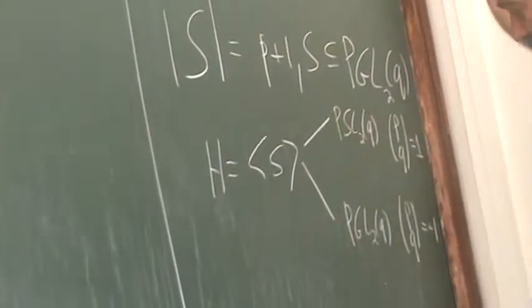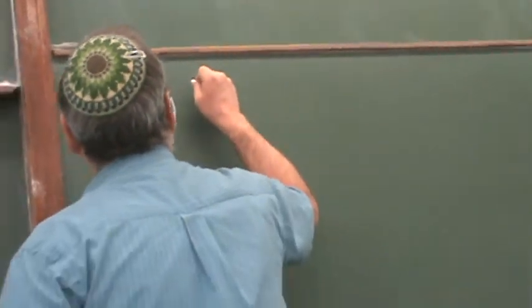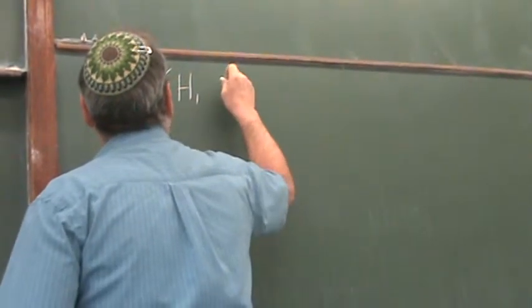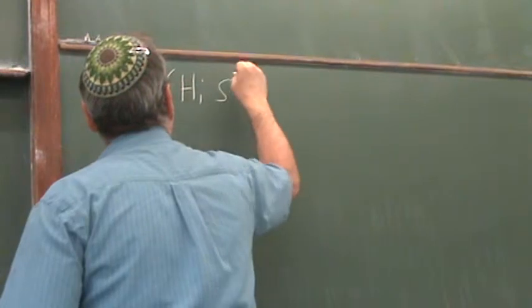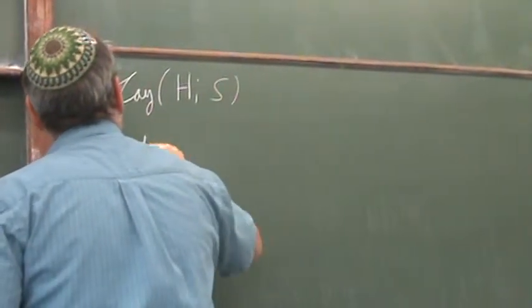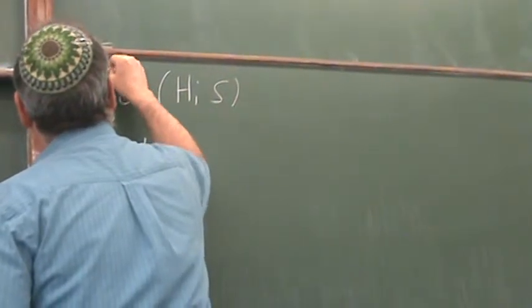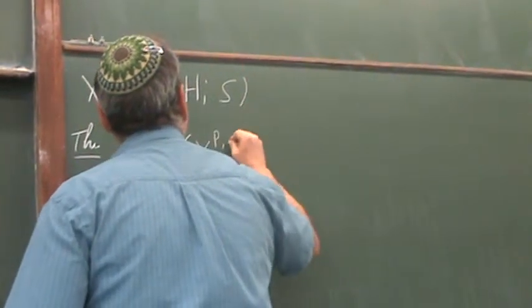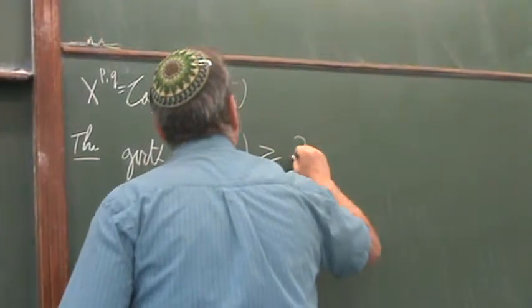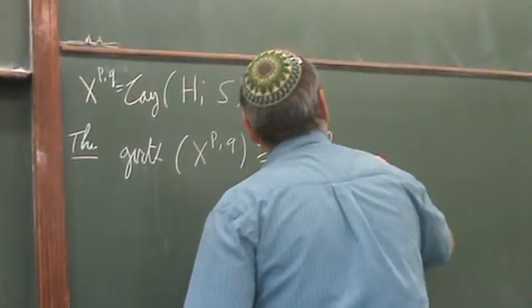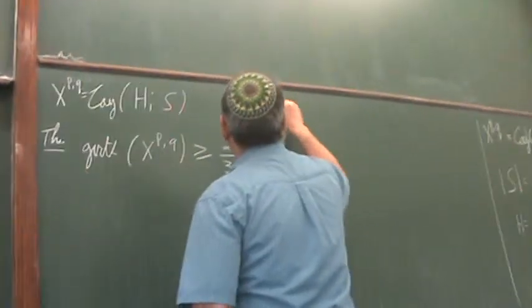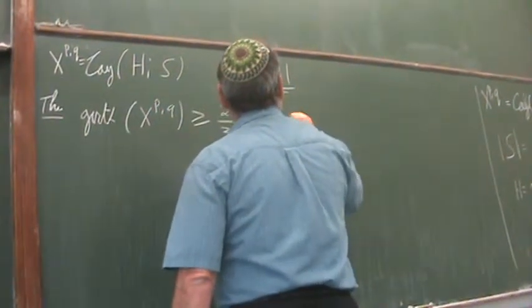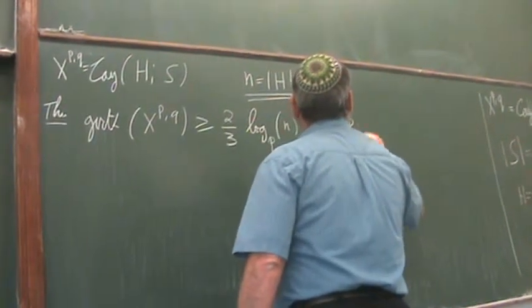Okay? And what we claimed was that if we look at the Cayley graph of H with respect to this S, so if this is X_{p,q}, then the theorem was that the girth of X_{p,q} is greater or equal to 2/3 log base p of N, where N is the size of H, the size of the group, so the number of vertices, if (p/q) equals 1.